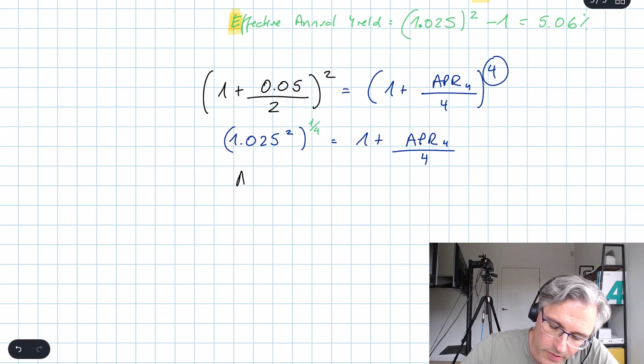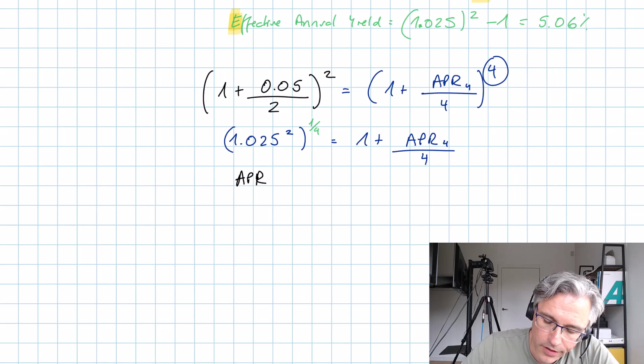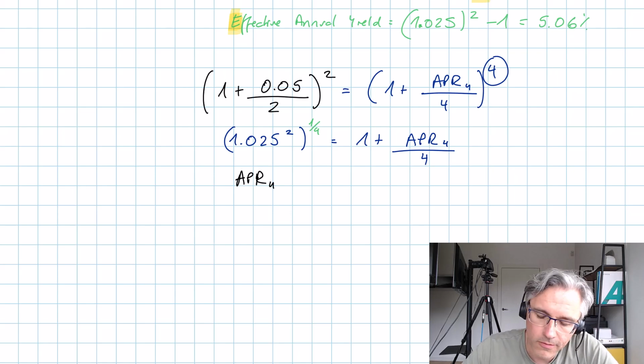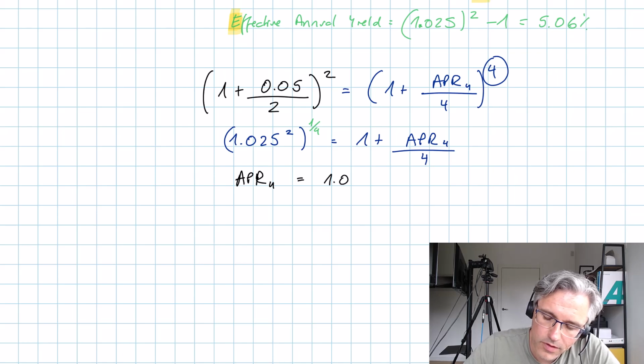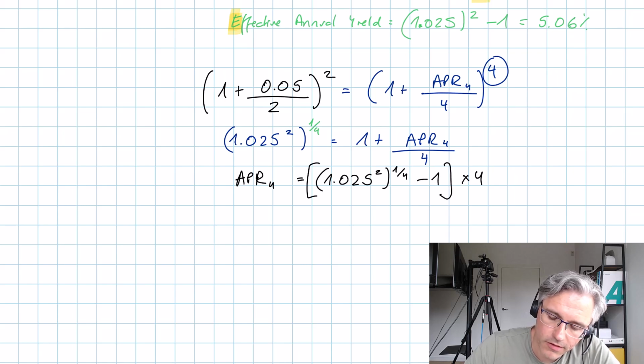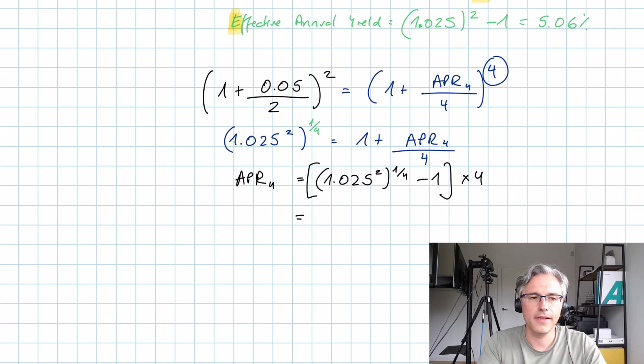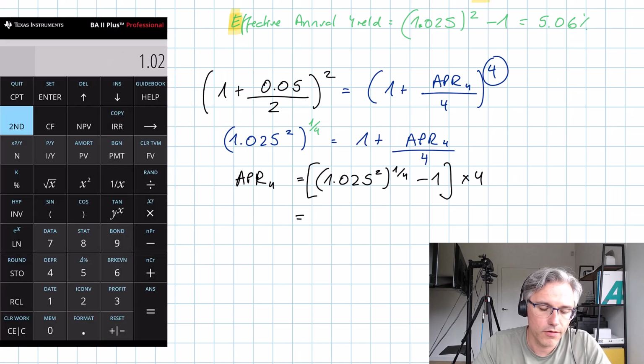And now it becomes quite simple. The APR, assuming quarterly compounding or a periodicity of 4, equals 1.025 squared to the power of 1 over 4. I need to deduct the 1, and I need to multiply everything by 4. It should be fine. Now let's see. 1.025 squared first, and then to the power of 1 over 4.